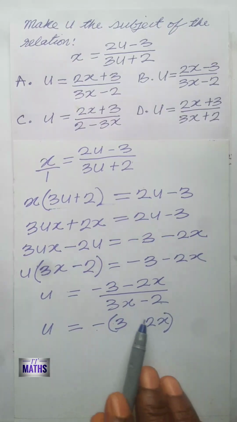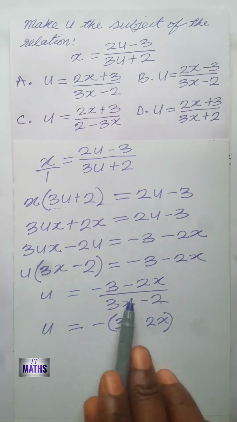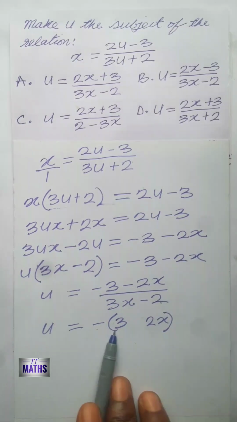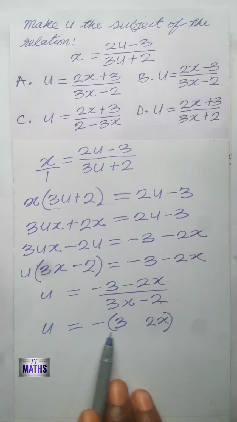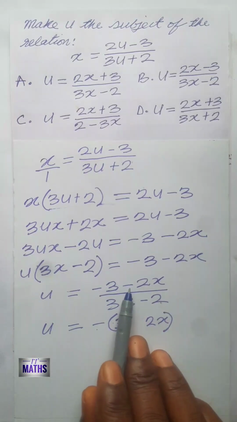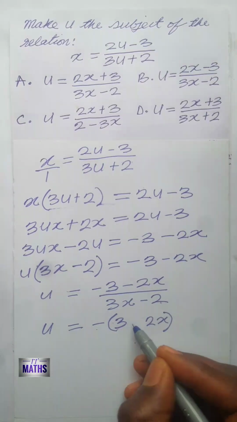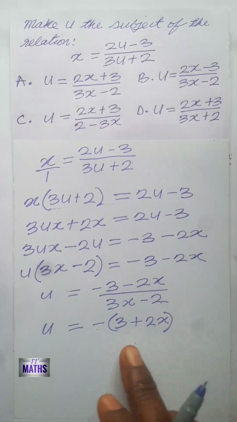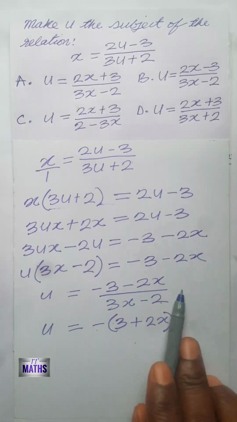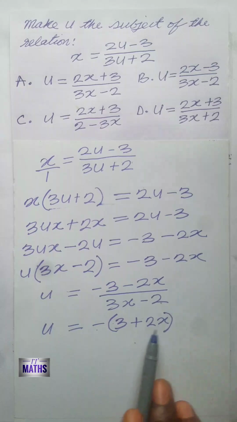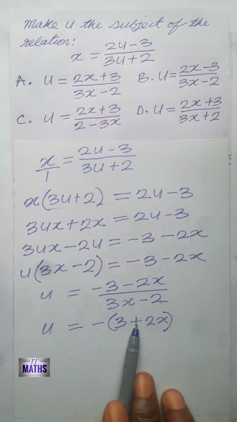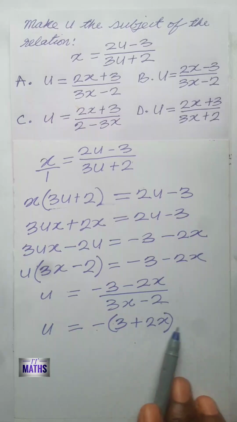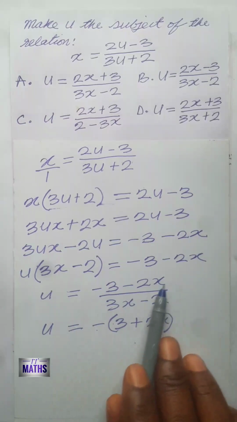If I put this minus here the way it was here, let's go back. Minus times minus is plus, and this is not plus. So we have to make this in such a way that if we multiply back to our previous step, we still have this answer. So minus times plus is minus, you see? So this is equal to this. The numerator is still intact.